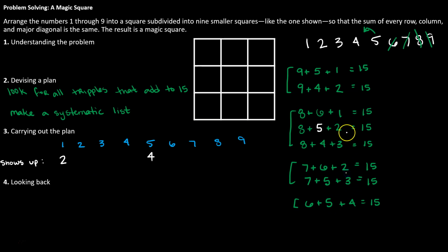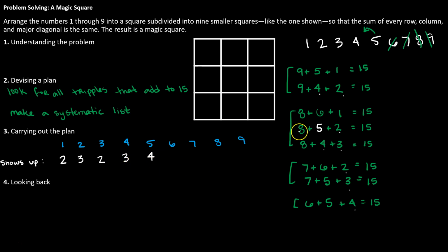So I've got 2, 2, 2. We have 3 appearances of the number 2. The number 3 shows up 1, oh, there we go, 2 times. The number 4 shows up 1, 2, 3 times. We have the 5. Oops, I said 3 and I wrote 4.